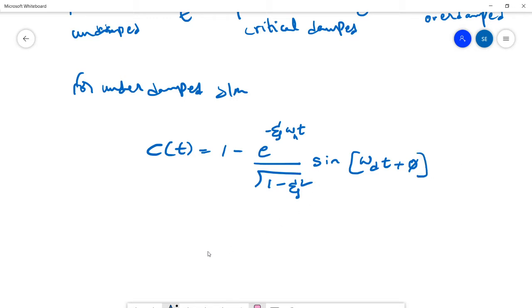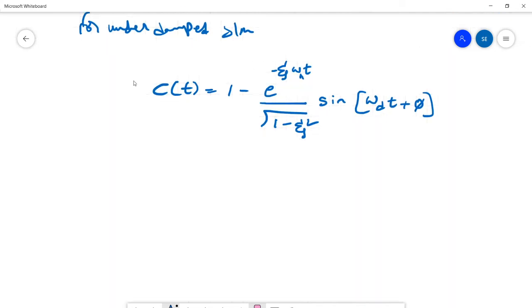Right. So this is the system output when you are giving a step input to the second order process.